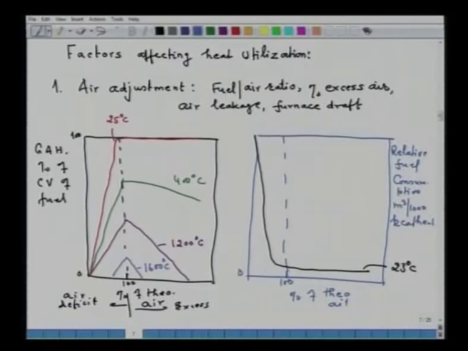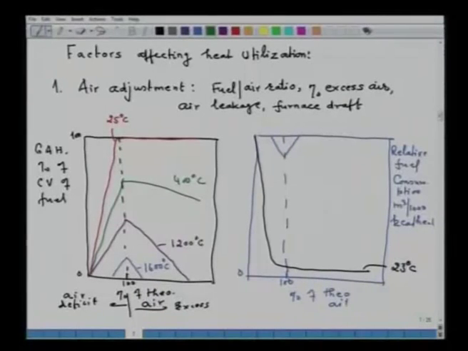Now, if I have a process critical temperature at 1600 degrees Celsius, then the fuel consumption will be very high. Naturally, the higher the process critical temperature, the more heat will be carried away by the POC, and hence a higher amount of fuel will be required in order to carry out the process.